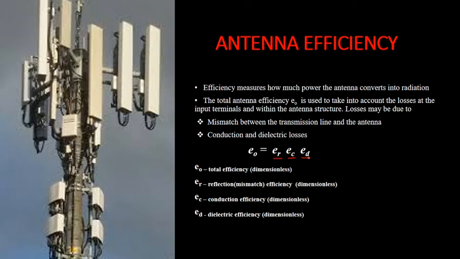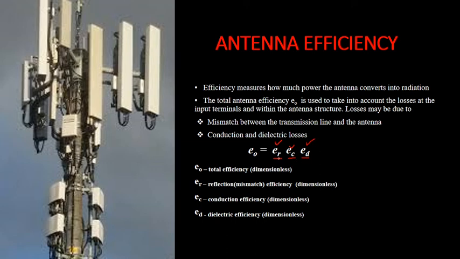If the transmission line and the antenna are not properly matched, we will have a reflection problem. Conduction and dielectric losses arise because the transmission line might be a conductor, a dielectric, or a combination of both, and that is not going to be an ideal conductor. Once again, there might be some losses due to the conductors also.